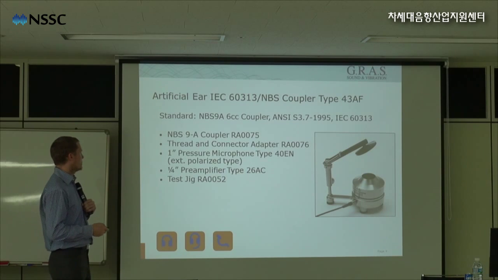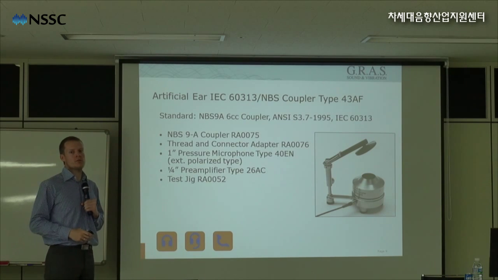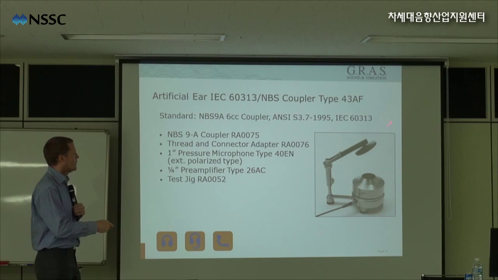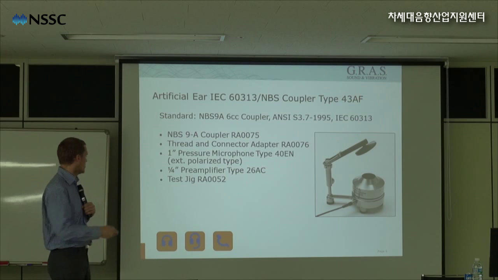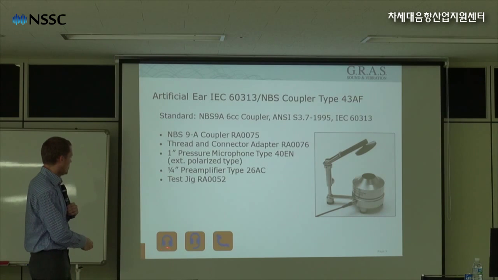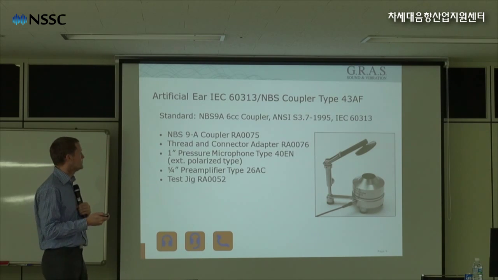So this is one of the early models of an ear coupler, and we have a full test jig here. It's typically used for headphone testing. You can also use it for headset testing or telephone testing of the speaker.